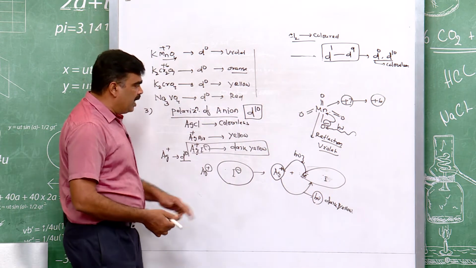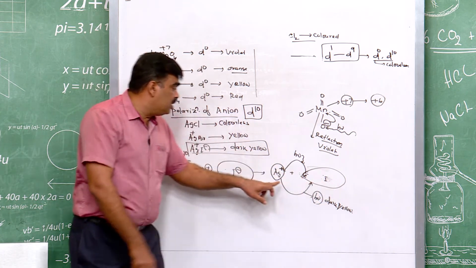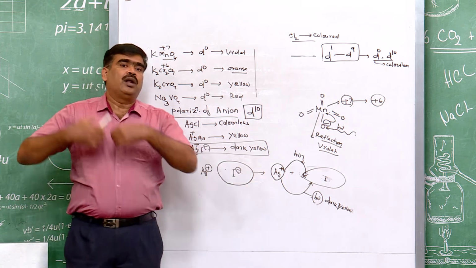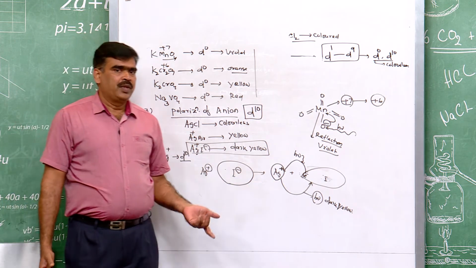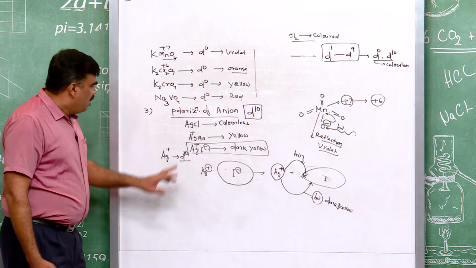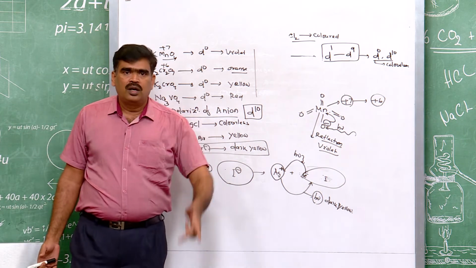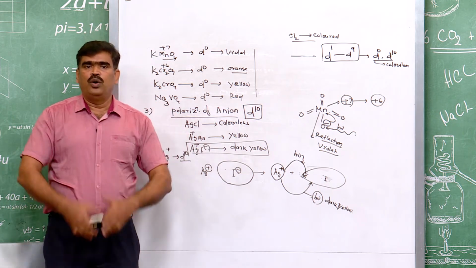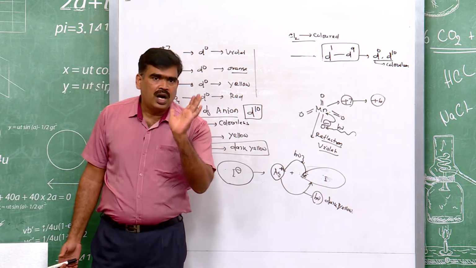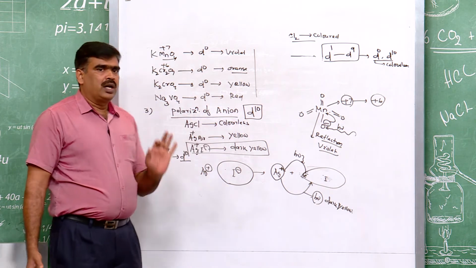If a cation is capable of polarizing the anion, the electron will enter its vacant orbital by absorbing radiation, and when it returns it will emit the complementary colored radiation, and the substance will look colored. But in silver chloride, silver is unable to polarize the chloride anion. No polarization, so no transfer of electron. This is the third reason why compounds are colored.